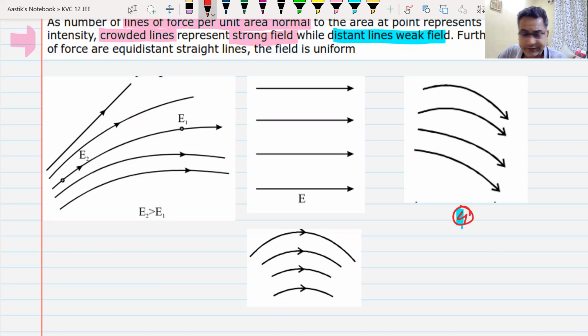What about this one, Beta? Non-uniform. They are not uniform in magnitude. They are not uniform in direction. Do we understand this? Yes, sir. Okay.